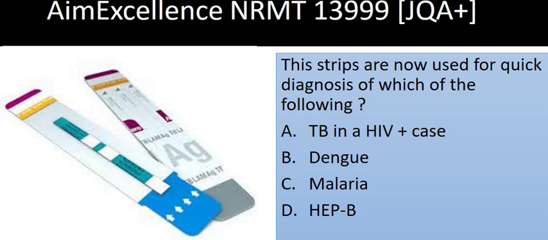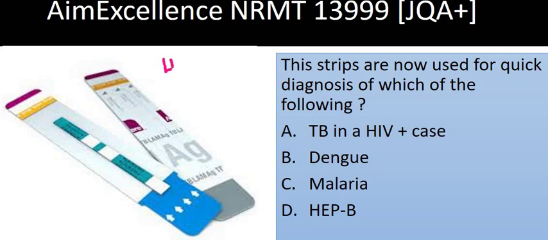So we understand by seeing the picture and the options that these particular strips are actually used to diagnose an infective case, and by seeing the picture which is marking antigen out here, we can easily figure out this is an antigen detection test. So what is the name of this particular strip?